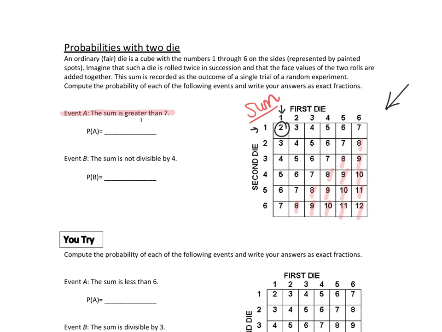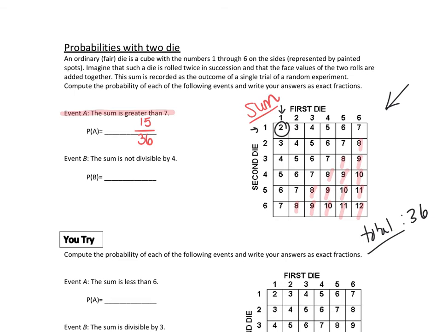I found that 15 out of the total, which in this chart is always 36. So the total is always 36. My fraction becomes 15 out of 36 as the probability that the sum is greater than 7 when you roll 2 die or 2 dice. You do not have to reduce that. If you can reduce it, you are more than happy to, but Alex will accept it as a non-reduced fraction.